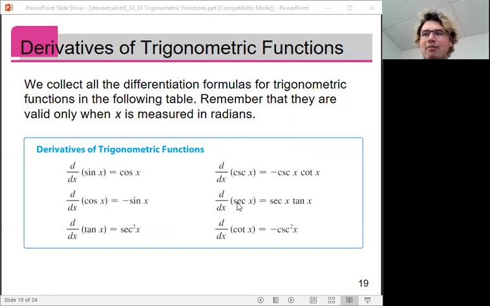If I take the derivative of the secant of x function, then I get the secant of x times the tangent of x. And if I take the derivative of the cotangent function, I get minus the cosecant squared of x. So these 6 formulas are all the derivatives of all the trigonometric functions, at least the elementary ones.